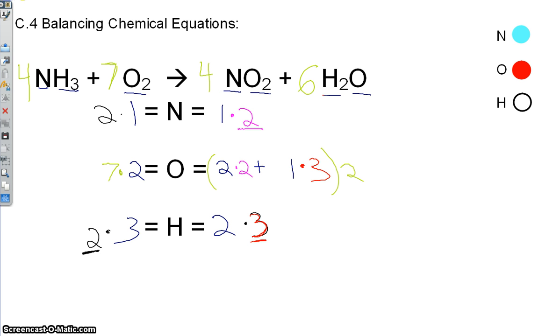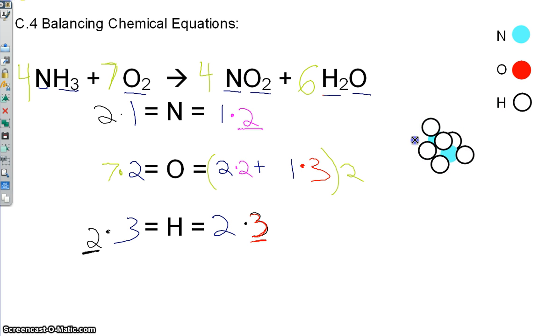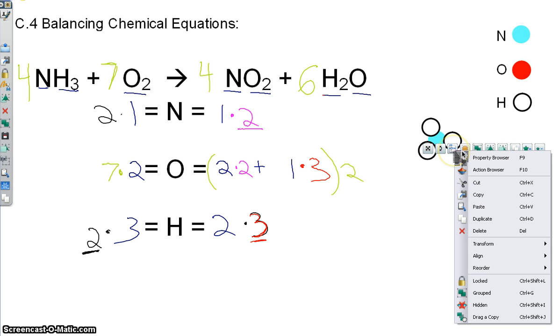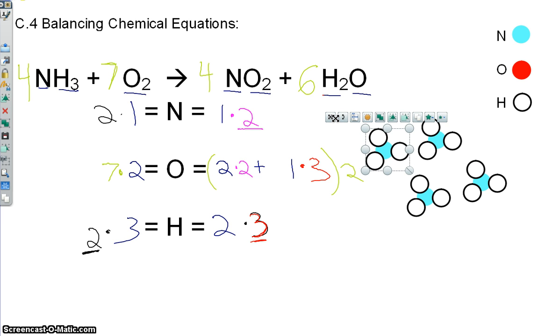So I start off with, okay, I need to build an NH3. NH3. My reaction says I need to have 4 of those. So there's 1, 2, 3, 4. So there's my 4 NH3s. I need to start with 7 O2. So there's an O2.